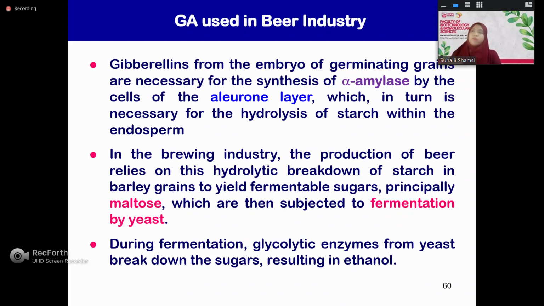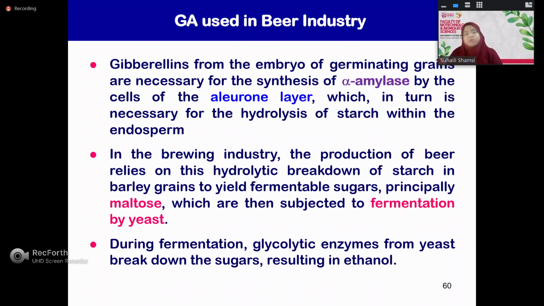And then in order for the seed to break dormancy, it needs to hydrolyze the starch to supply energy, and it needs the enzyme amylase. So the aleurone layer has protein stored as granules in the cells of the plant seed, with regulation of gene expression. Later on, we're going to look into that.